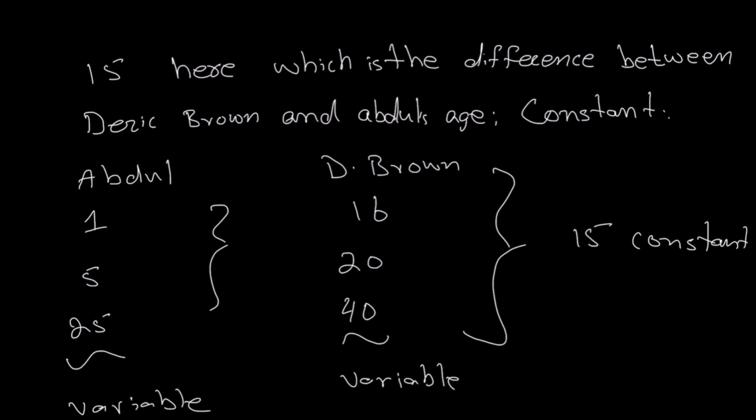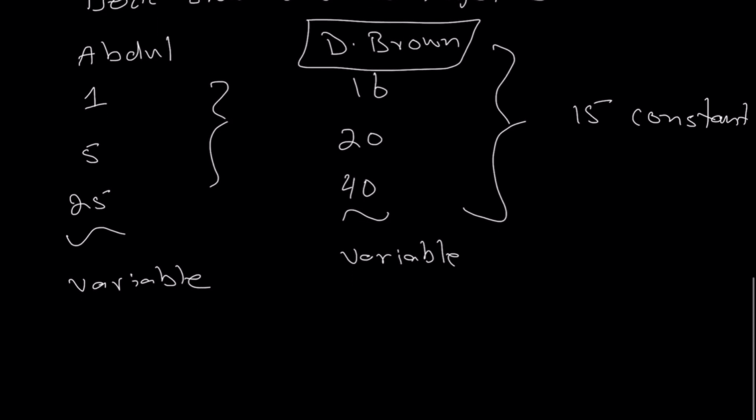So this is a variable, and this is also a variable. Derek Brown's variable and Abdul's variable have a difference of 15. We can write this down as an algebraic expression. Let's call my age A. So A will be my age. To get Mr. Derek Brown's age, it will be my age plus 15, which is our difference.